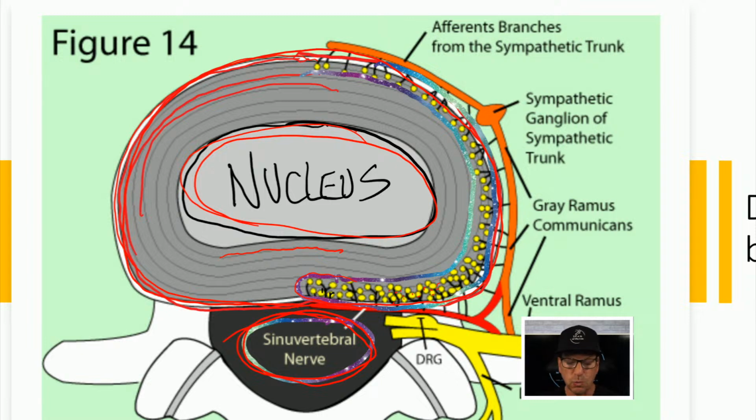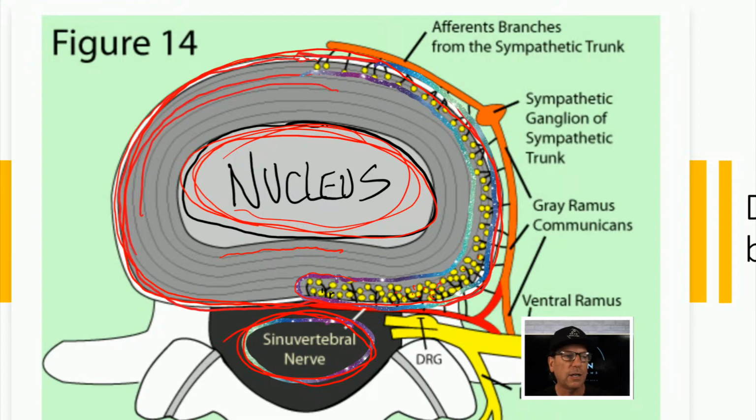So when everything's working correctly and the jelly, the nucleus, is sitting inside, all these outer bands are nice and strong around the nucleus, there's no pressure on all these little yellow sensors. And therefore, if there's no pressure on those sensors, you should not be getting any back pain.